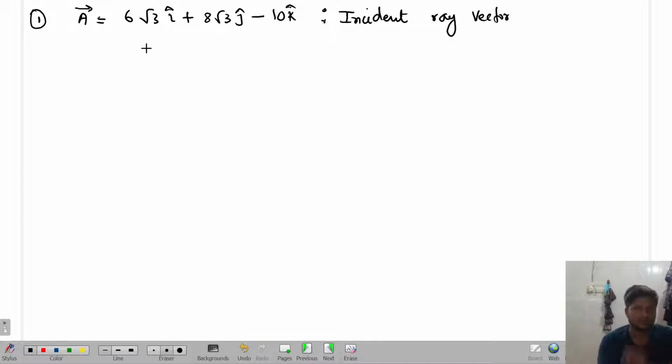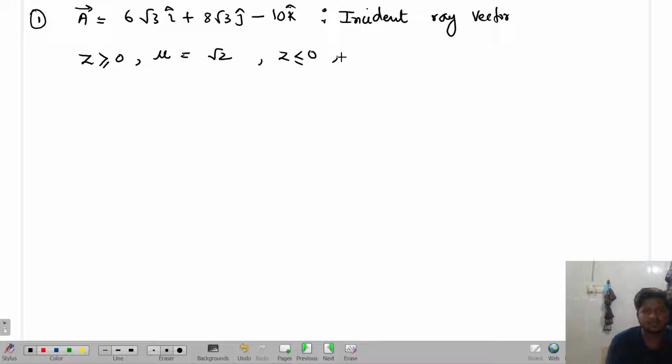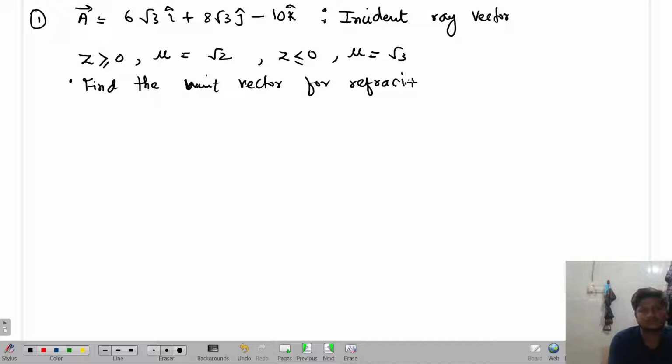The question is, for z greater than 0, mu is given as root 2. For z less than 0, mu is given as root 3. Find the unit vector for the refracted ray in the second medium.